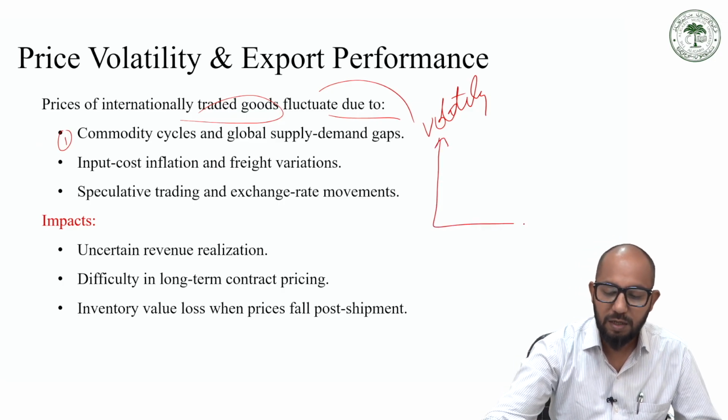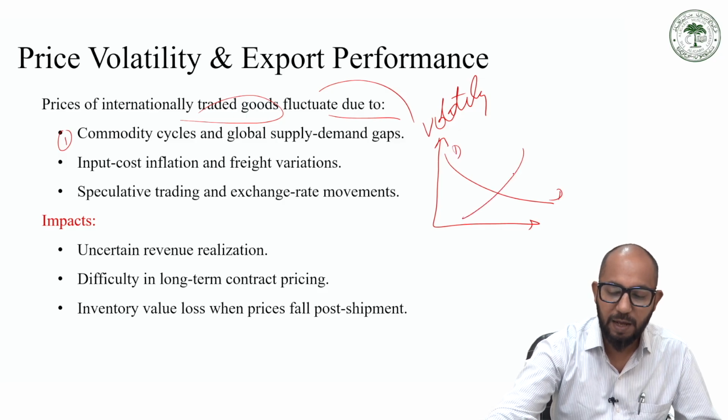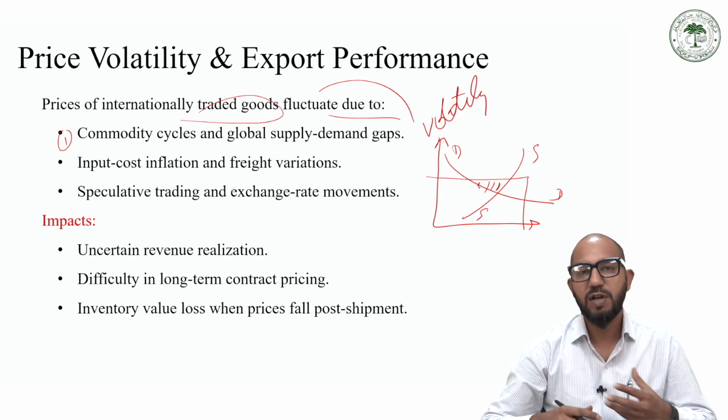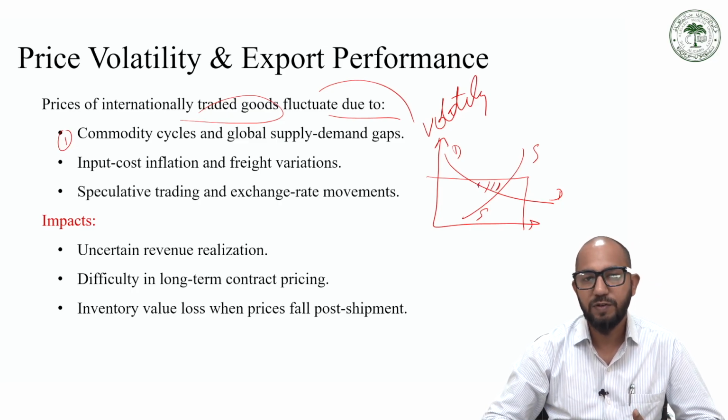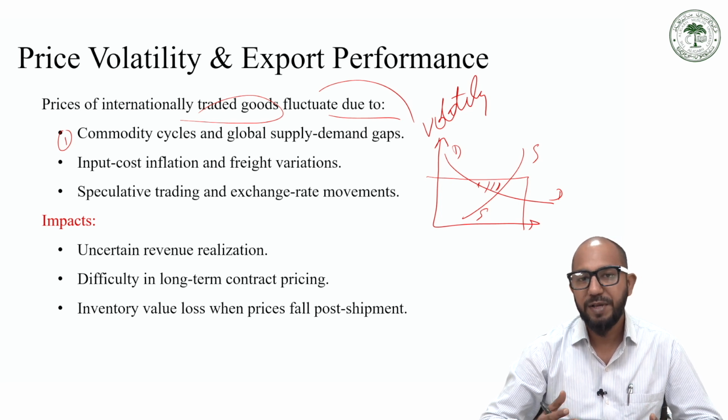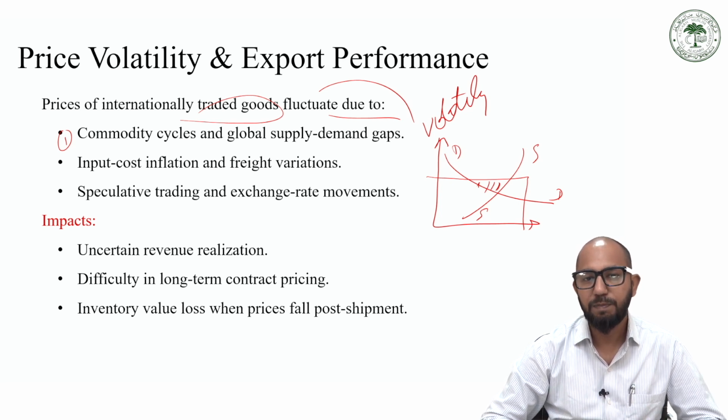Globally, we can see there may sometimes be a gap between demand and supply of goods in the international market, and these gaps may result in changes in the international prices, which may be positively utilized by the exporter or may sometimes hamper the pricing competitiveness of the exporter.